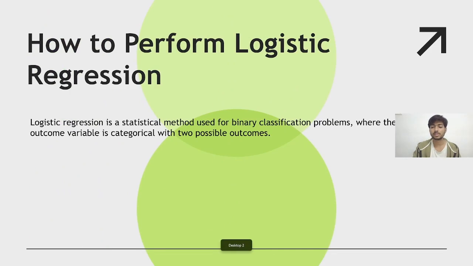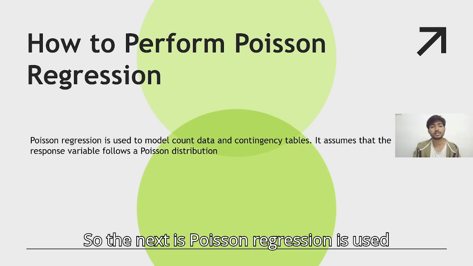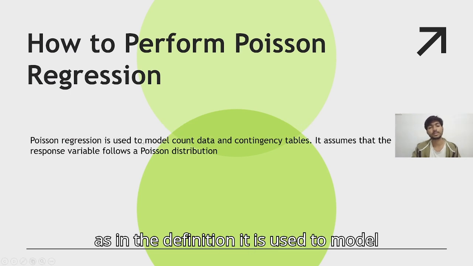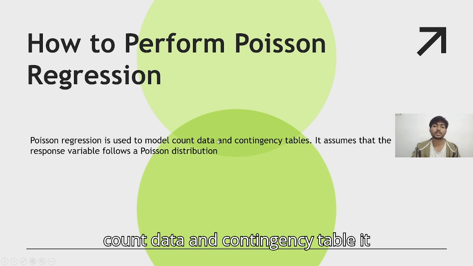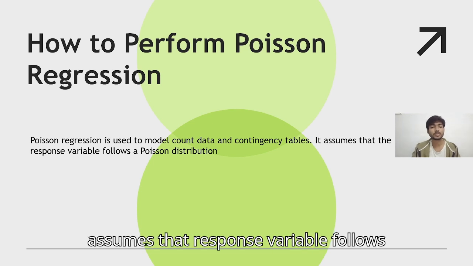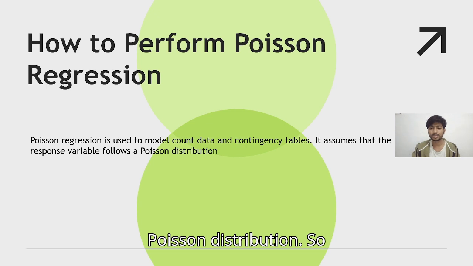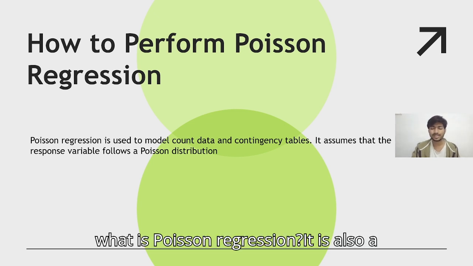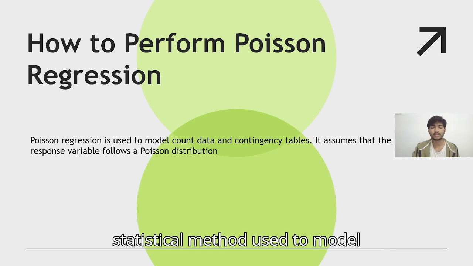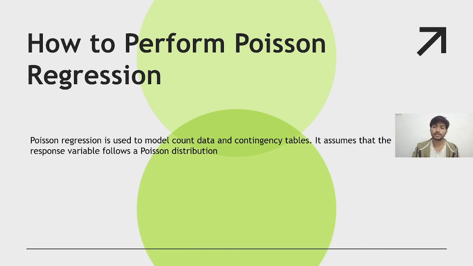Okay, so the next is Poisson regression. As in the definition, it is used to model count data and contingency tables. It assumes that the response variable follows a Poisson distribution. So what is Poisson regression? It is also a statistical method used to model count data.